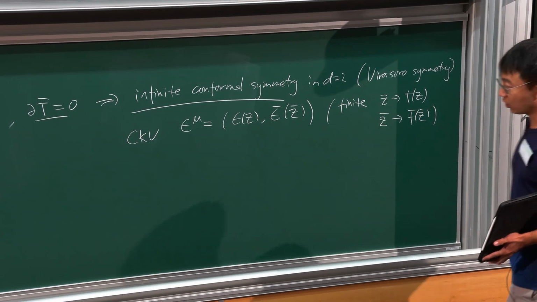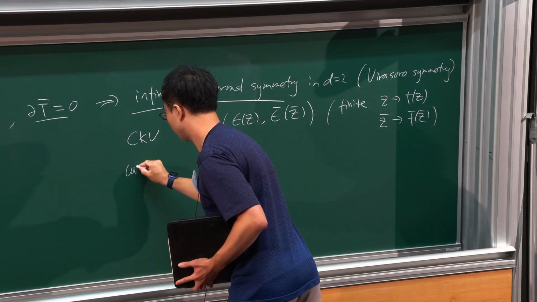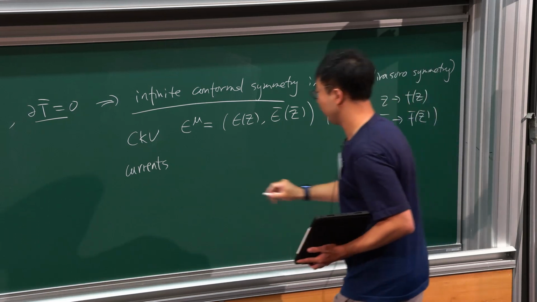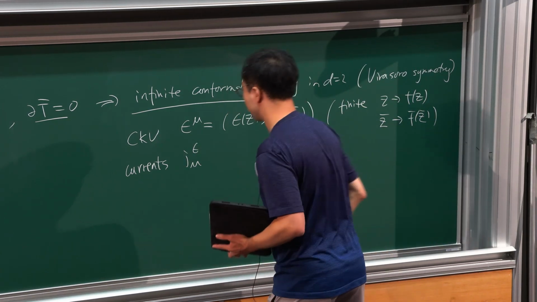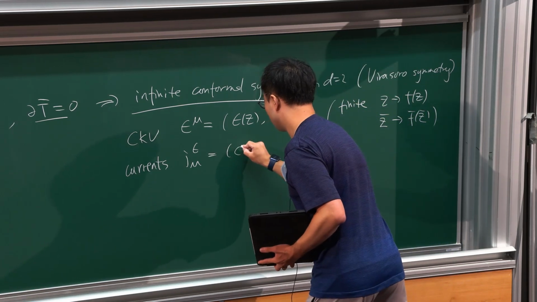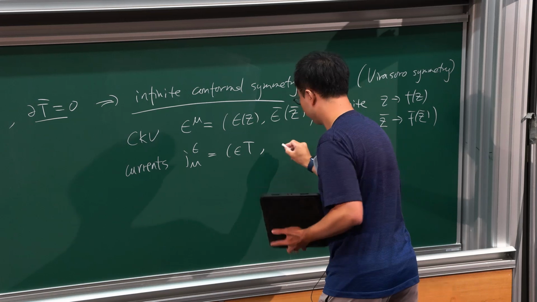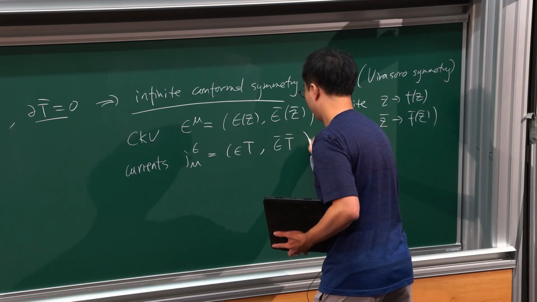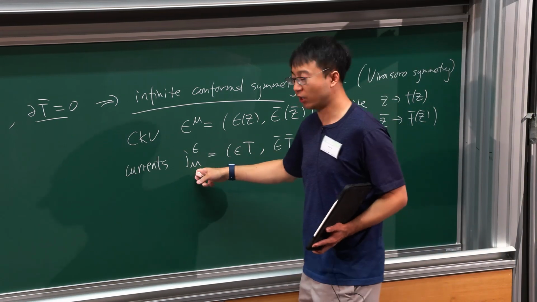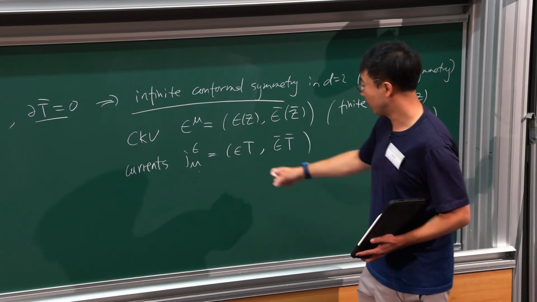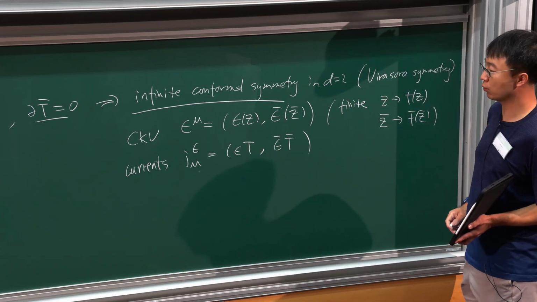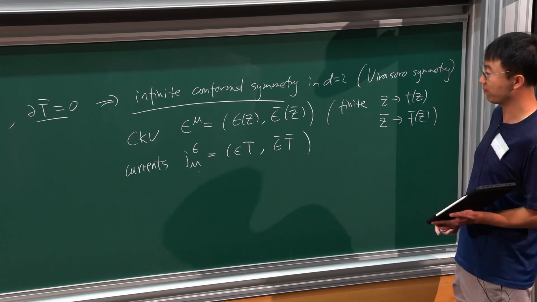Okay, and the corresponding currents are again constructed as before, by contracting the stress energy tensor with the corresponding conformal Killing vectors, and they are denoted just as follows. Okay, and you can check that the conservation property of the current is preserved by just requiring epsilon to be a holomorphic function of z, as opposed to some more stringent restriction.